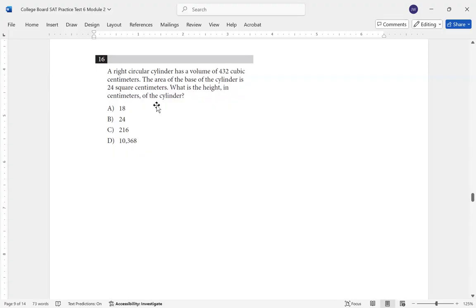Now, there's a couple ways you can do this. One way, if you know what cylinders are, it turns out that when we're dealing with cylinders, it's always area of a base times height that gives me the volume. So the volume is equal to area of the base, I'll call that A sub B, multiplied times the height.